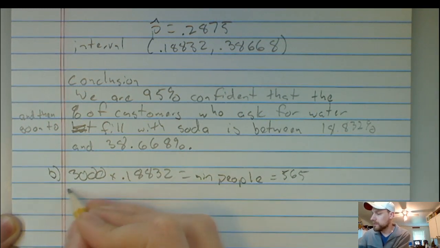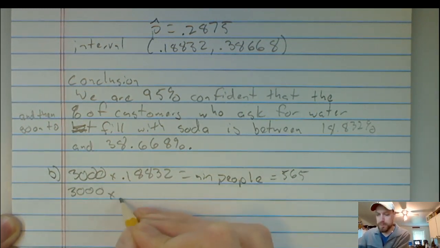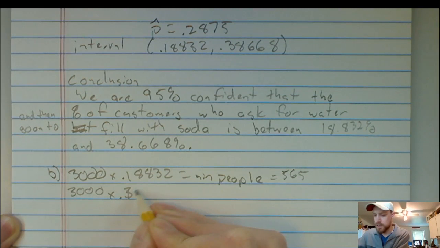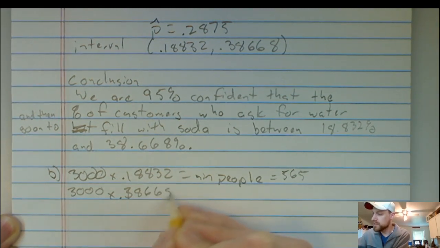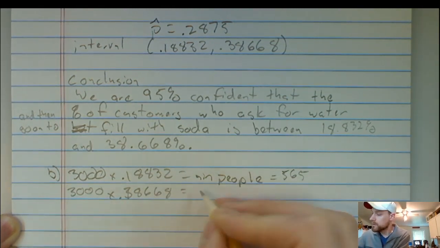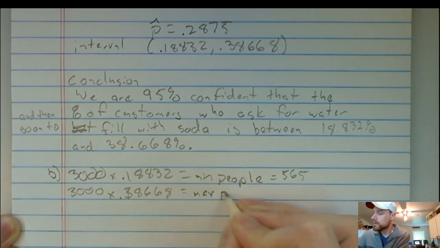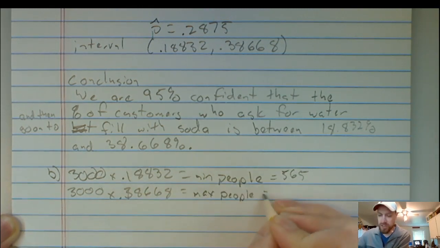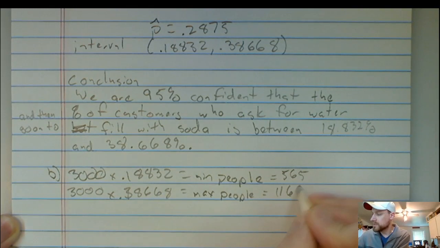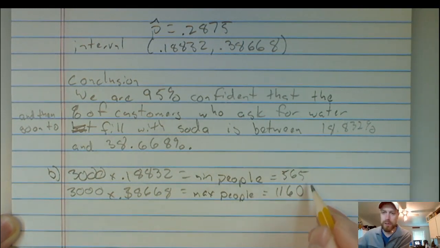If we do 3,000 times 0.38668, that would be the maximum number of people, which is 1,160. Now, these aren't costs, these are people.